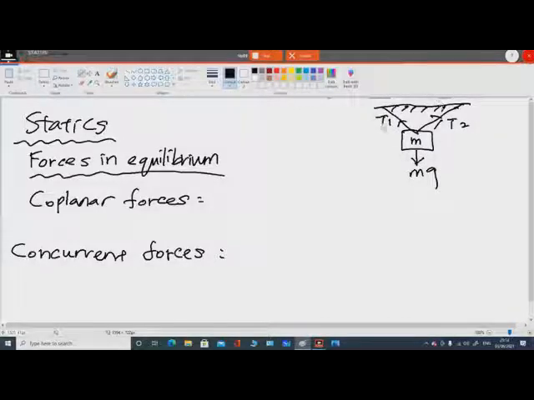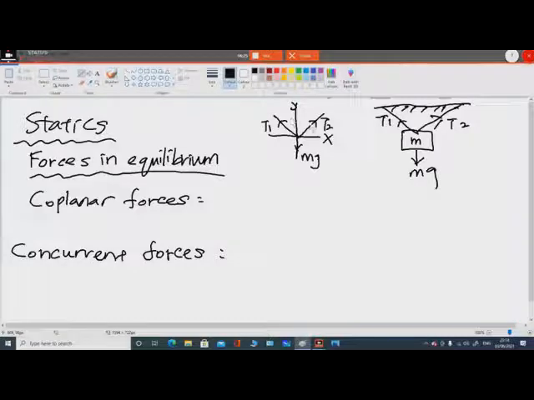So the meaning of the same plane is, this is the y-axis and this is the x-axis, so this is T2 and this is T1, and this is our mg.